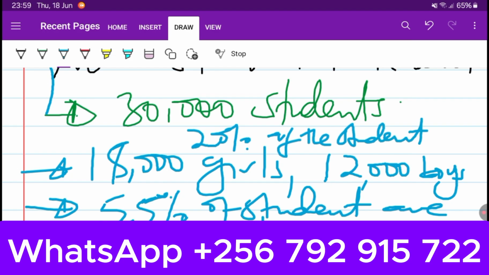We can also say that maybe 10,000 of the students are doing mathematics, or economics, or accounting and finance. So all of that information that I have been talking about is quantitative in nature. That's why we call it quantitative data.